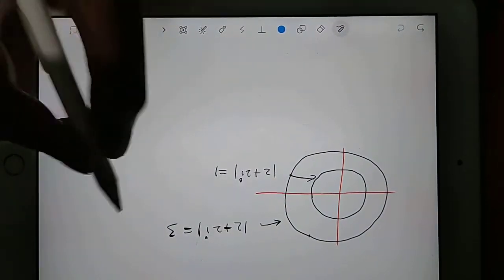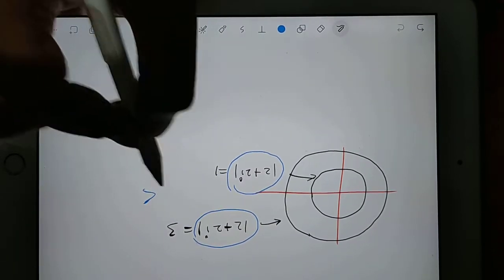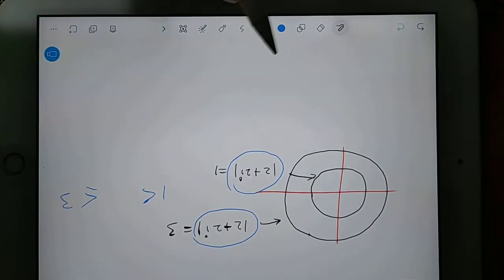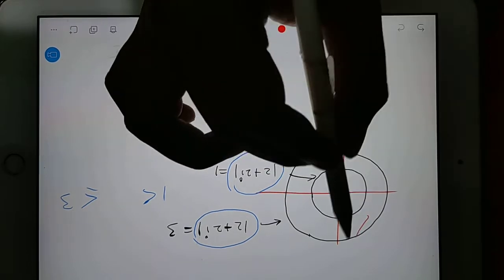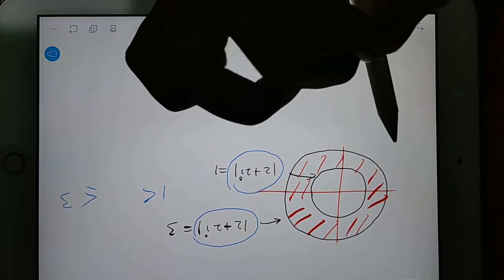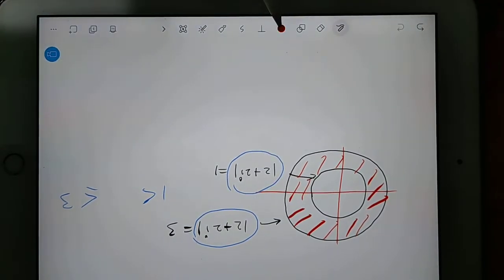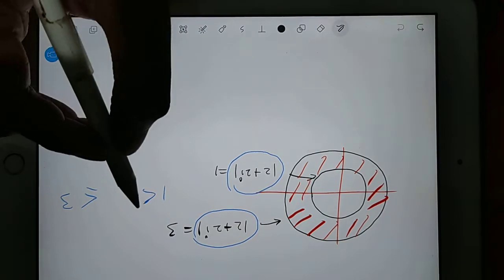But our data says this value has to be greater than 1 and less than or equal to 3. It means only this zone we have to consider for analysis. That is the idea. So you draw this diagram and solve this.